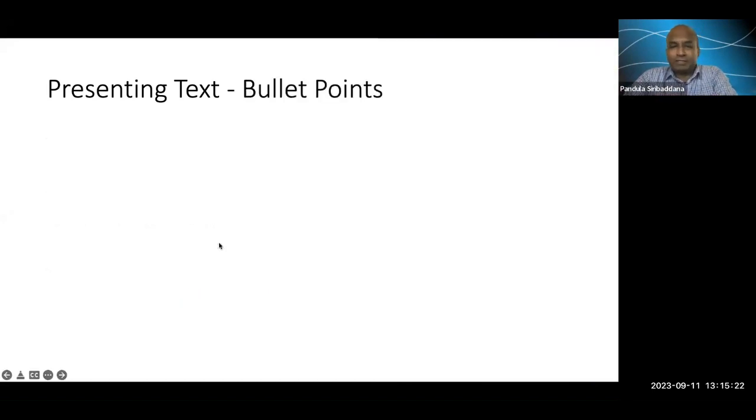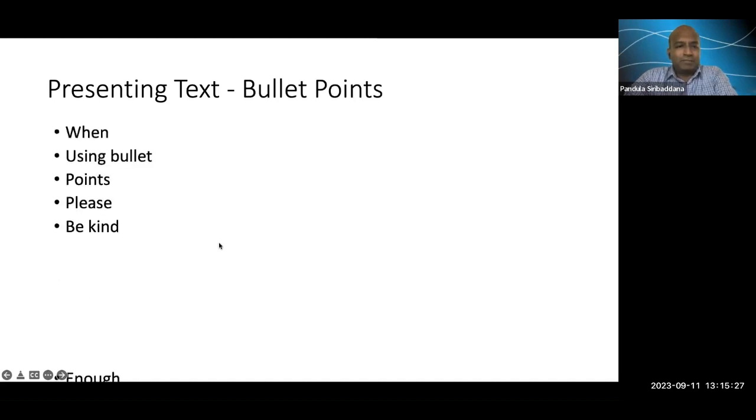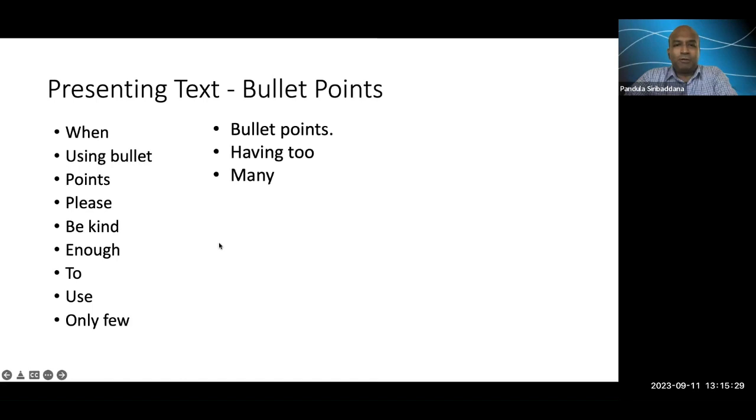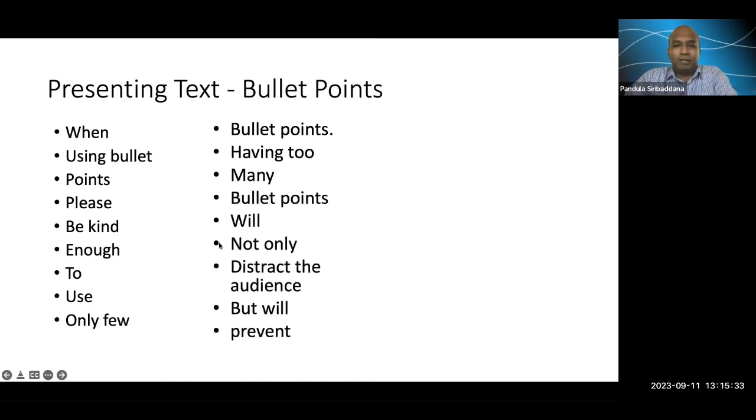Okay, bullet points. When you are using bullet points, please be kind enough to use only a few bullet points. Having too many bullet points will not only distract the audience, but will prevent your message from being heard. So when you have bullet points, limit it.